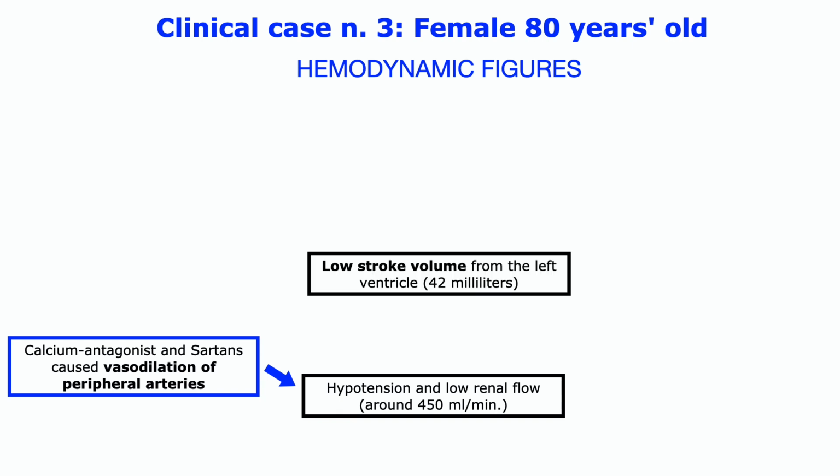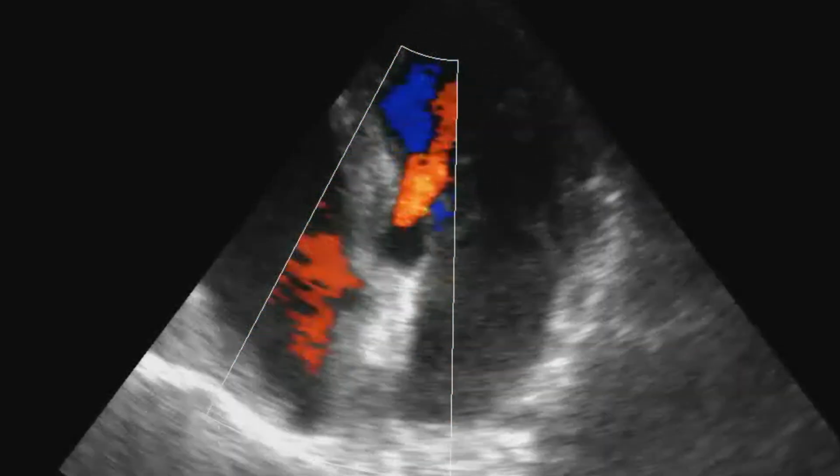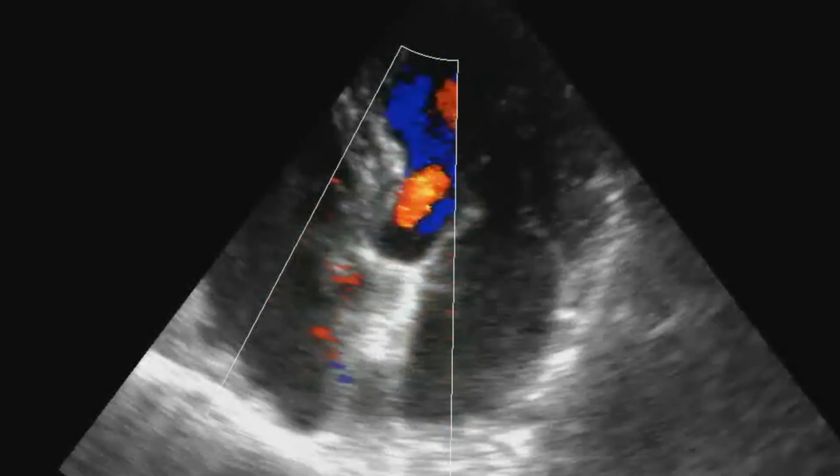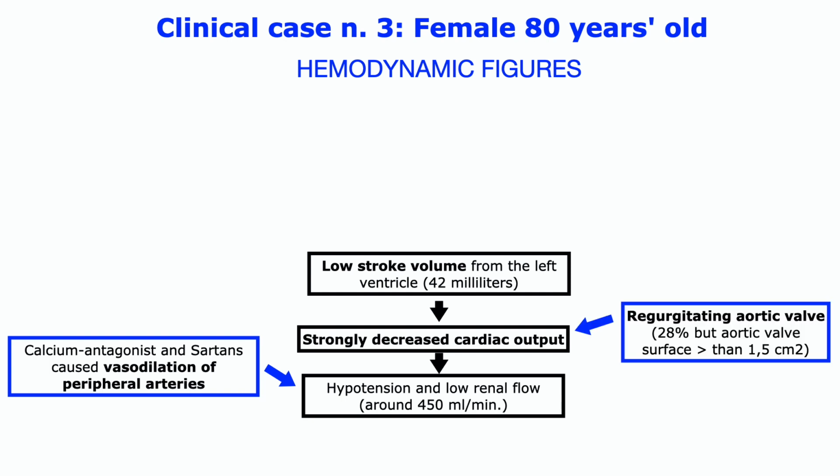The stroke volume was low at 42 milliliters and worsened by 28% of aortic valve regurgitation. The low stroke volume and heart rate below 65 at rest gave evidence of a strongly decreased cardiac output.